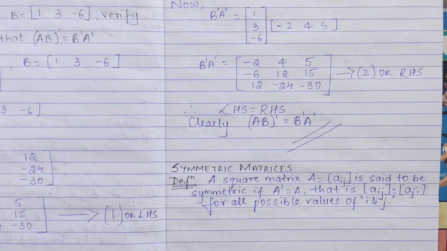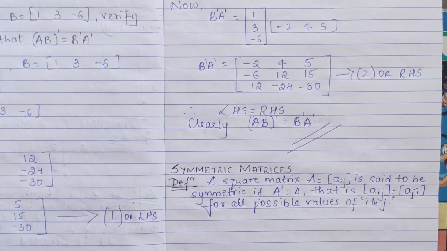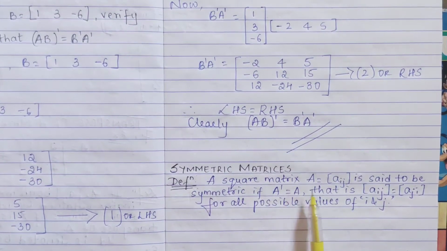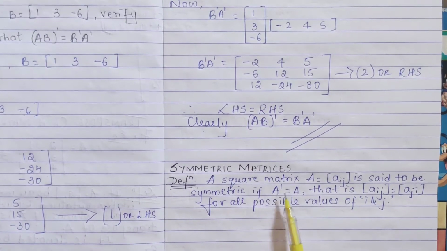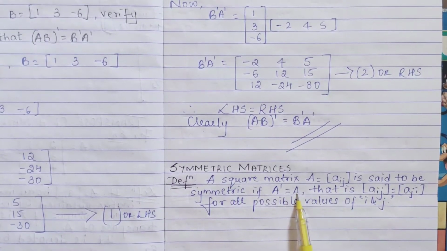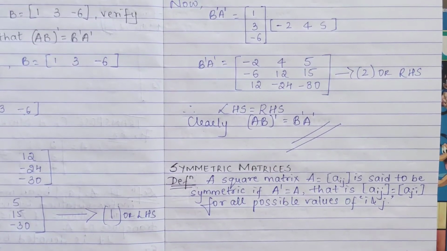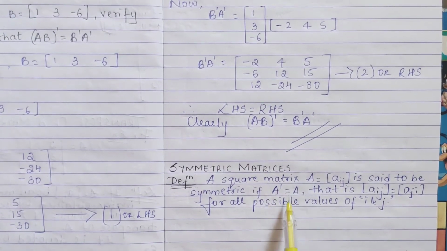Next you have symmetric matrices, symmetric and skew symmetric. So I have just written a definition. You can note it down. A square matrix A equal to [Aij] is said to be symmetric if A transpose is equal to A. That is, your Aij will be equal to Aji for all possible values of i and j, where your transpose will be equal to the given matrix itself.